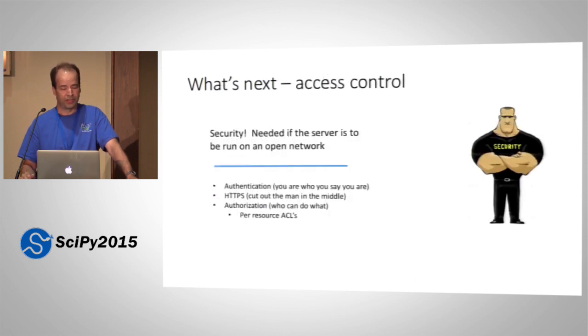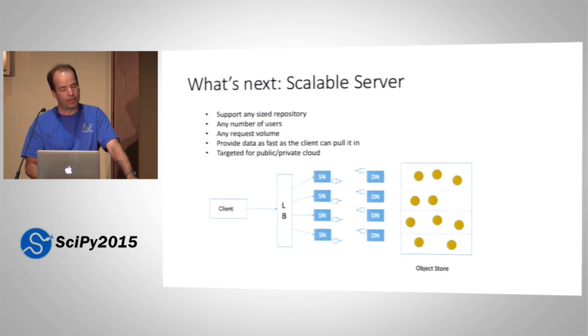Access control is pretty important if we want to have the server running in an open network. Because otherwise Andrew might go and run deletes on all my files, and that wouldn't be good. A little further along is a scalable server. This is the idea of having a cluster of servers that can adapt to any amount of load on the network and any size data repository.